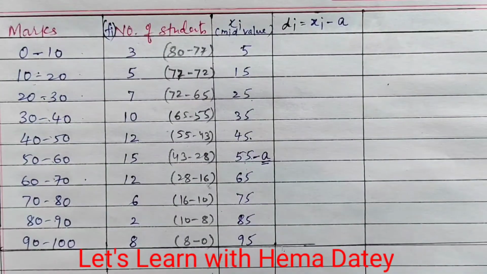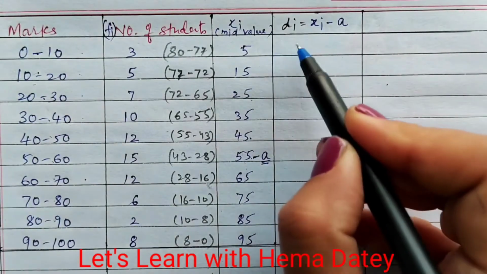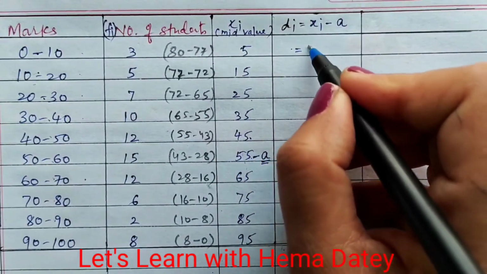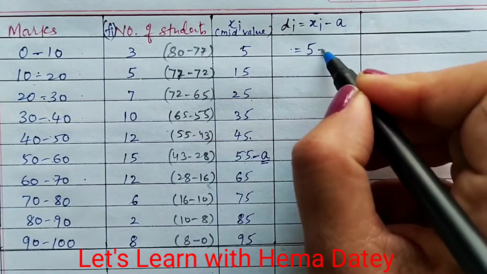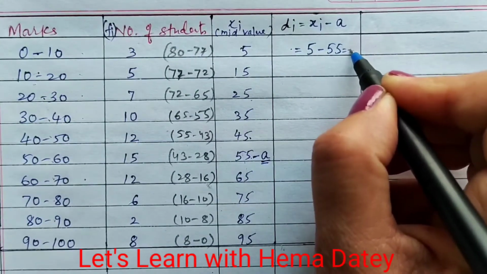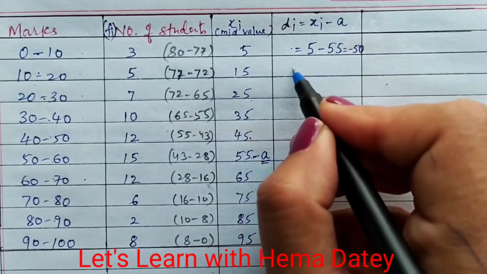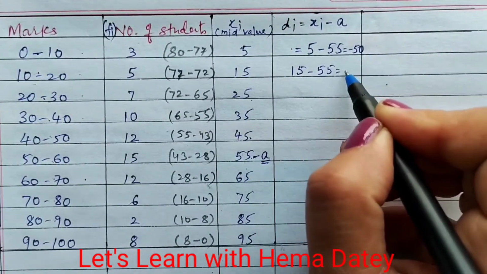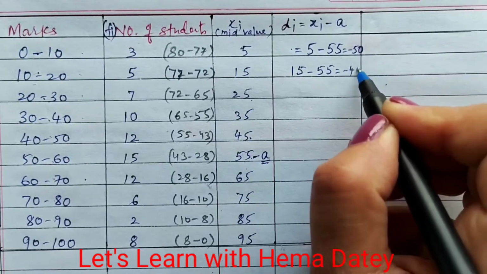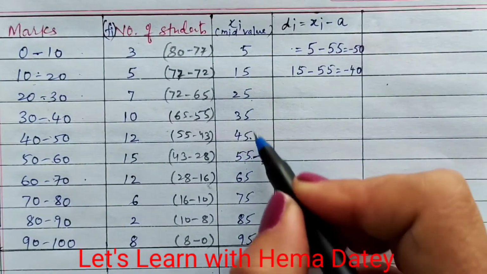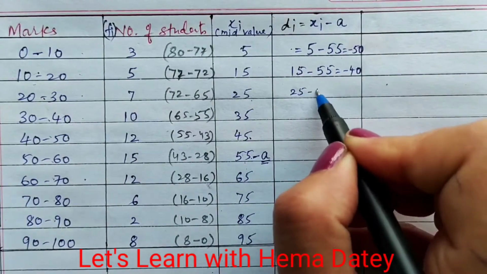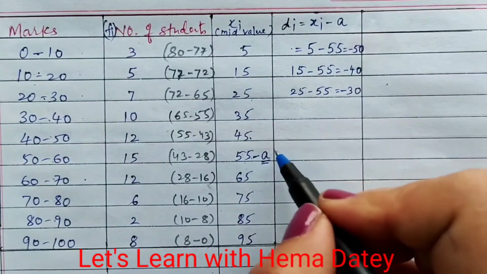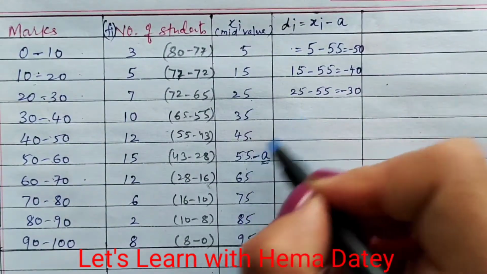To get the first value d1, we will subtract 55 from 5. We write 5 minus 55. It gives us minus 50. Then we subtract 55 from 15. It gives us minus 40. Then we subtract 55 from 25. We write 25 minus 55. It gives us minus 30. Then we subtract 55 from 35.